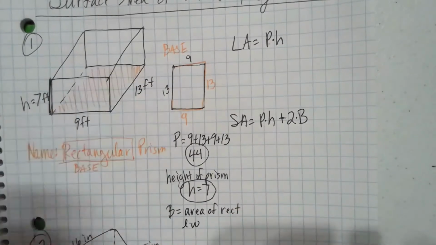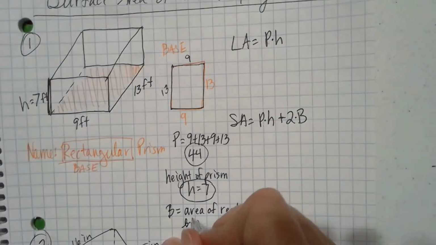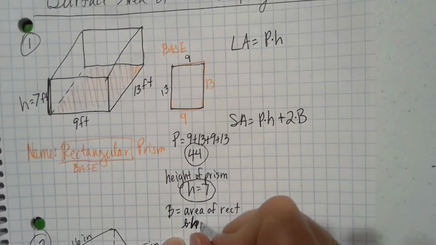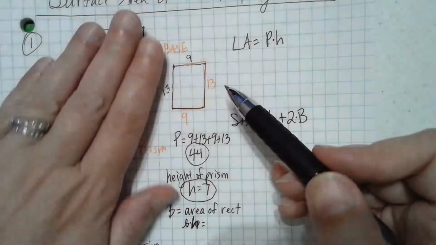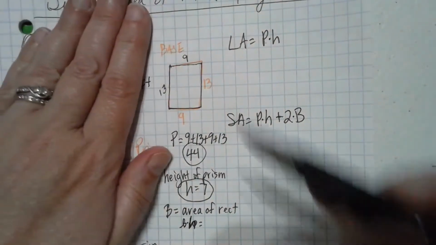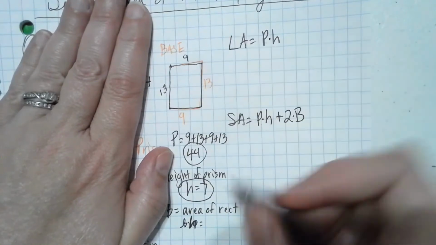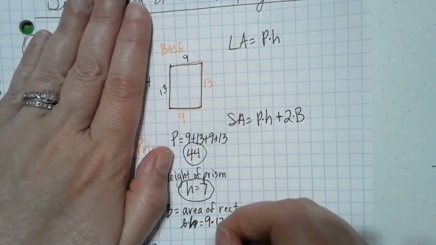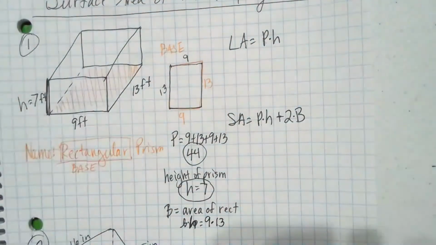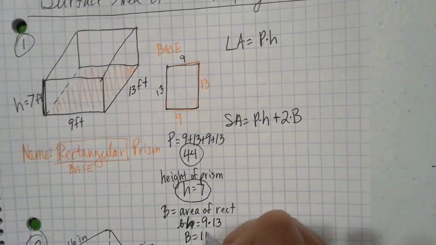Yeah, length times width, or base times height. I guess base times height is better. That's what we did, base times height. Now, I'm not using this height, this is the height of the prism. I just want the height and the base of the rectangle. So that's going to be 9 times 13, the two sides of that rectangle. 9 times 13 makes 117.